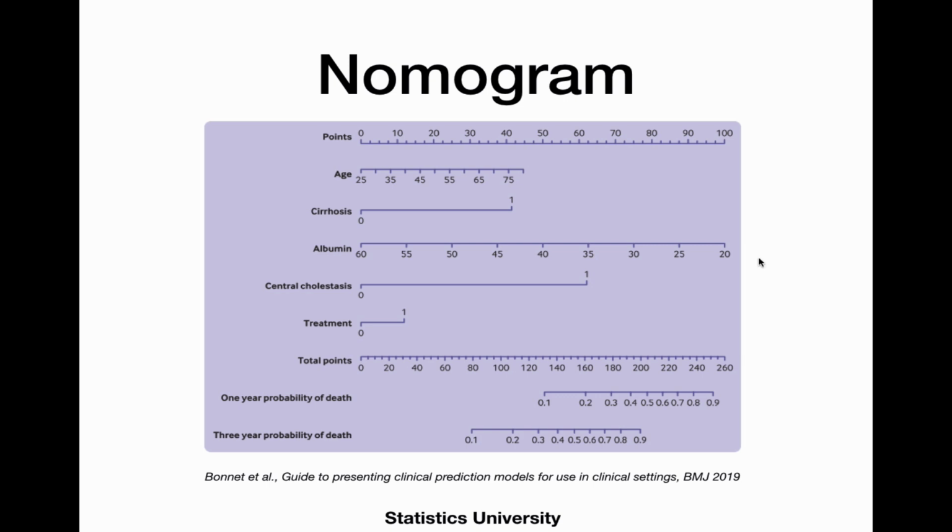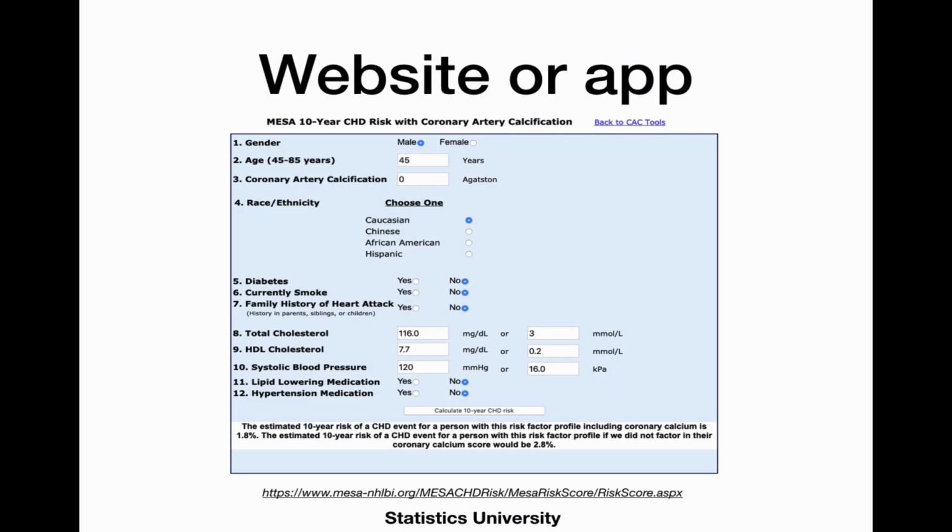While it can be practical, I think this is one of the least intuitive presentations of your prediction rule, and it's a pretty imprecise method due to errors made during the read-off process. And then the most modern way, and I think the best way to present your prediction rule, is to use a website or an app that just calculates the exact outcome probability on the basis of the model equation.